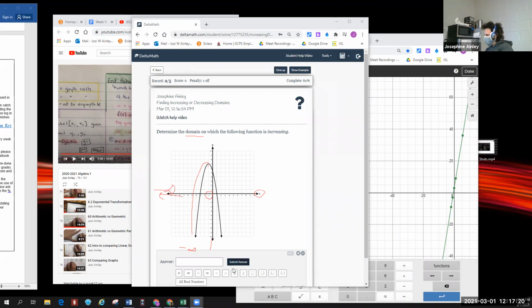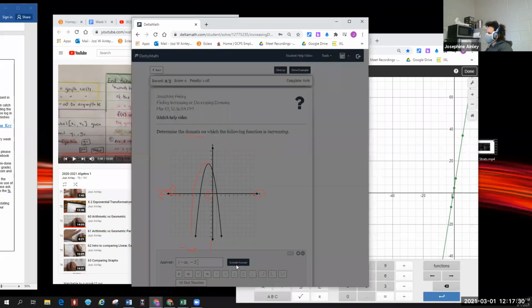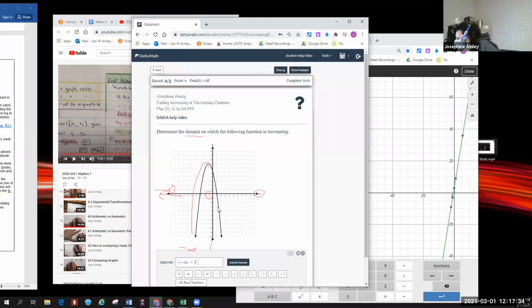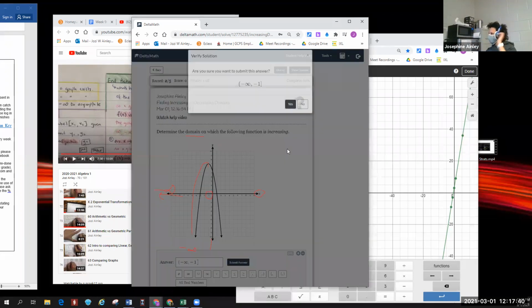So open and then closed, open and then closed. Oh, that's the right one. Open and then closed, and it's from negative infinity to -2. Oh, that's a -1. I apologize. -1. I can't really see. That's -1.